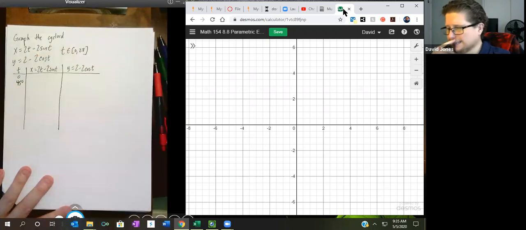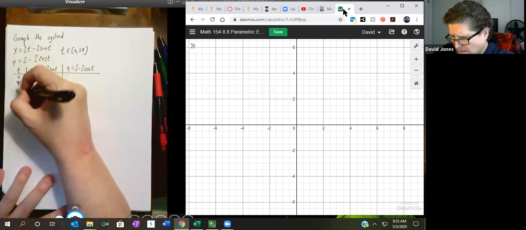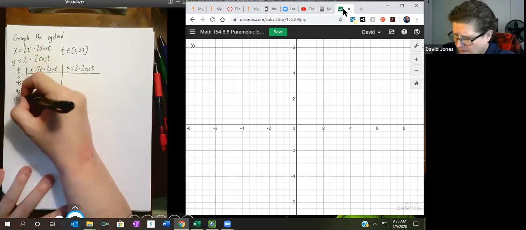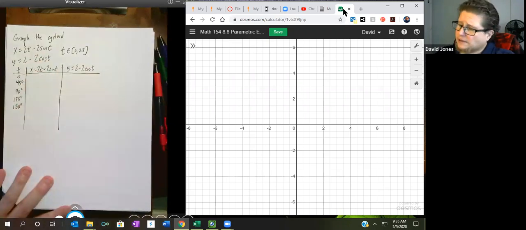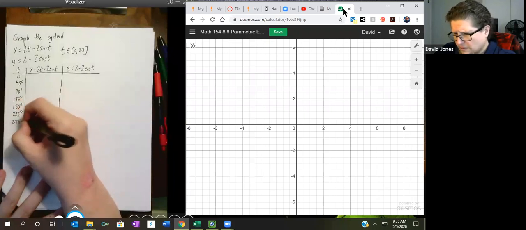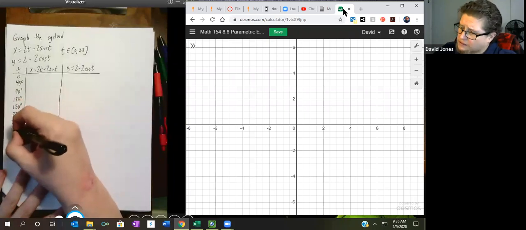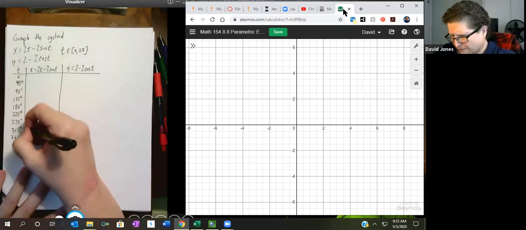I'm going to write it in degrees because it takes up less room than writing the pies. These are all the 45 degree marks.